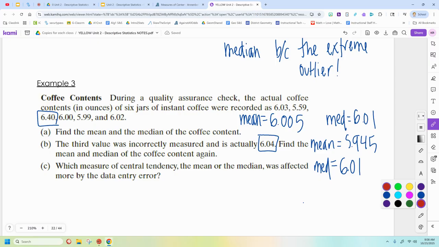Okay, let's check. 5.99, then there's 6 and there's 6.02. So with 6 pieces of data, it's 3 and 3. So then there was a 6 and a 6.02. What's in the middle of those two? 6.01. Does that make sense? Yeah. Okay. There we go.